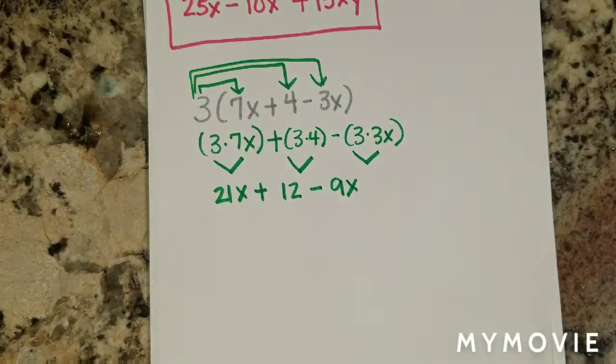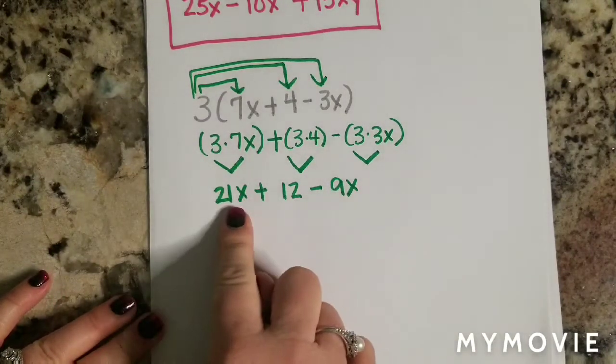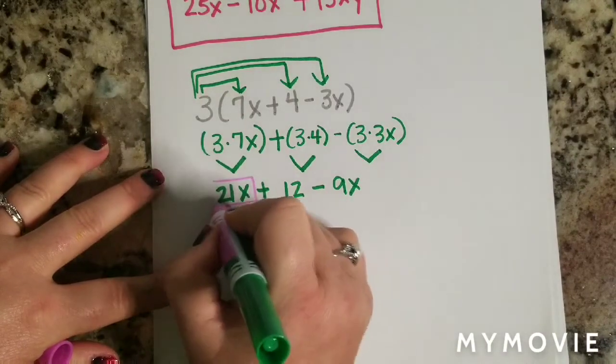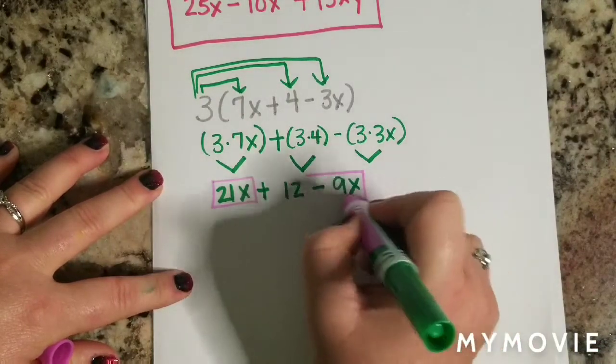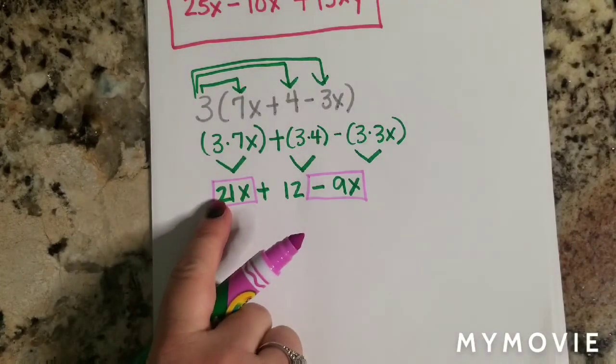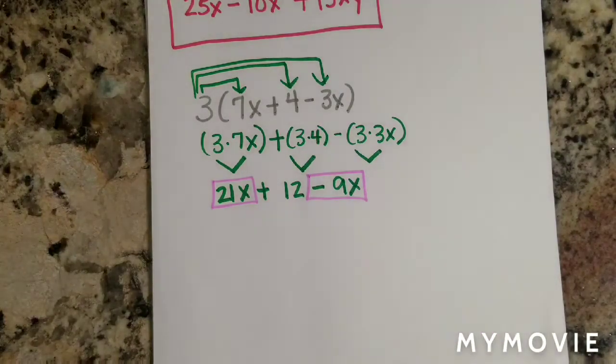Now, can I simplify this even more? Sure I can. I see that I have 2 with the variable x. So 21x and negative 9x. I can combine those. My signs are different because this is a positive 21 and a negative 9. So if I were going to subtract 21 minus 9, I would get what?